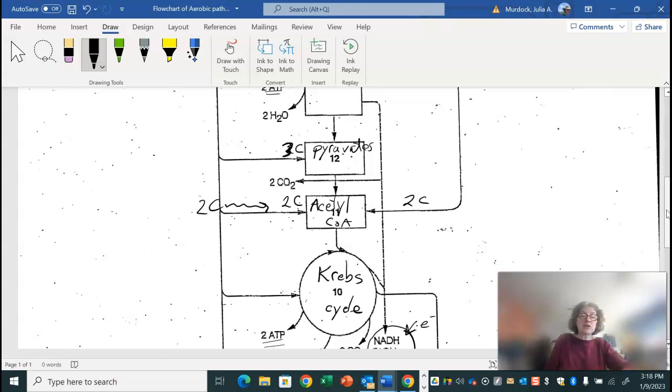You might even have a 3-carbon, like if you have a central carbon, a COOH, and then an R group that has a single carbon on it. You've got a 3-carbon chain, which could go in here, right? Sorry, not here, here. The 3-carbon chain can be converted to pyruvates and then go into the link reaction there.